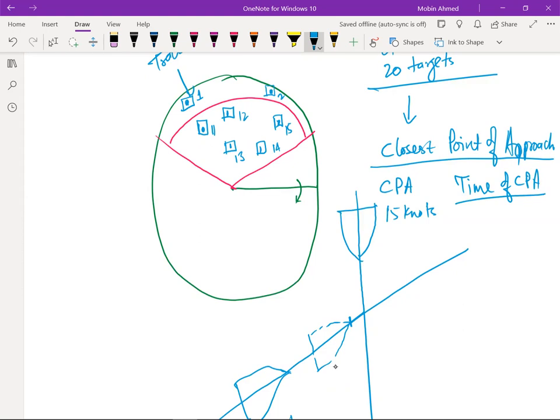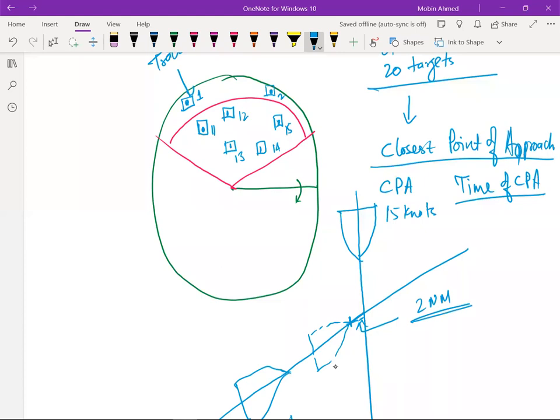Now this distance at which they cross each other, the minimum distance, should be more than 2 miles. Minimum, it should be 2 nautical miles we are talking about, for two ships in open sea, not in constrained water. In open sea, they are supposed to cross by 2 nautical miles.